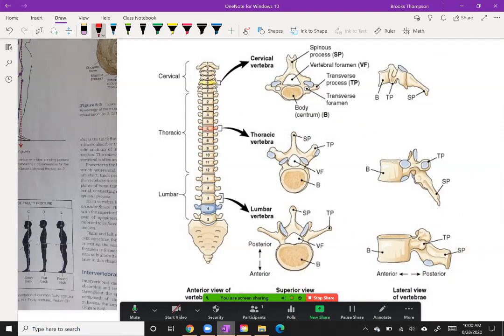So we should easily be able to know that we have 7 cervical, 12 thoracic, and 5 lumbar vertebrae. We should also be able to easily visualize what each of these vertebrae look like.